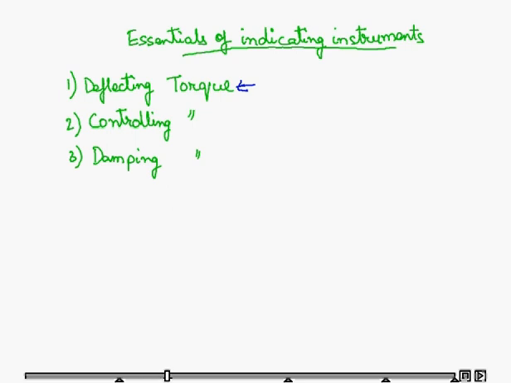Deflecting torque is produced by using any method, like magnetic effect is used, for example in PMMC, the permanent magnet moving coil system, where we take the magnetic effect. Electromagnetic effect can also be used.